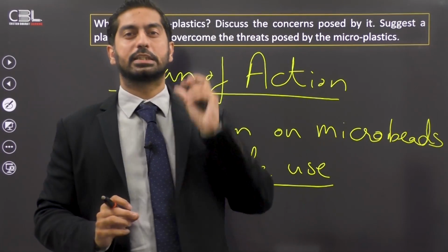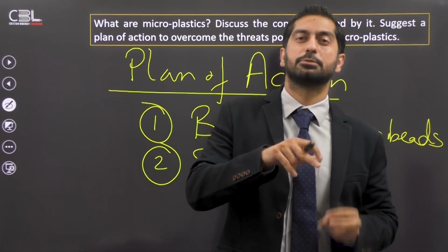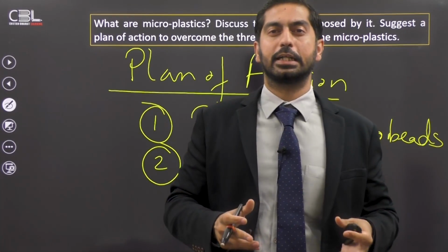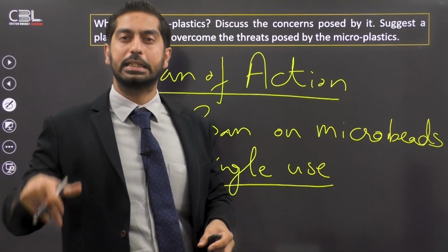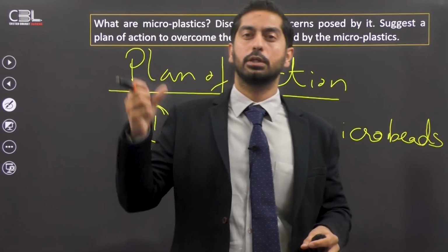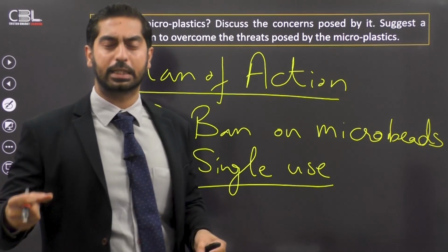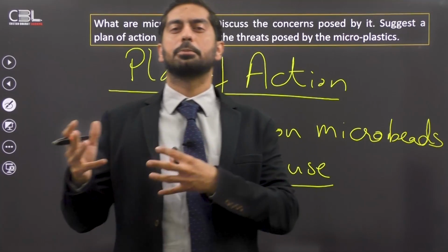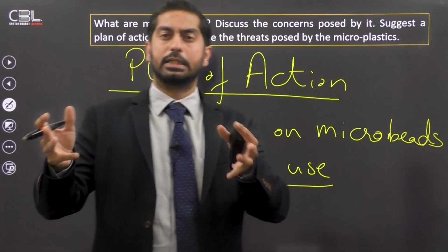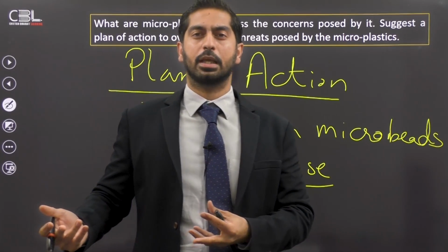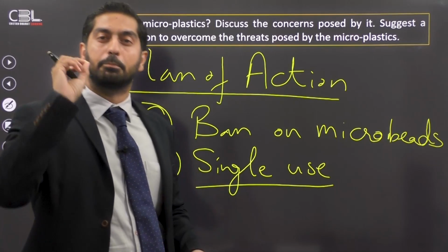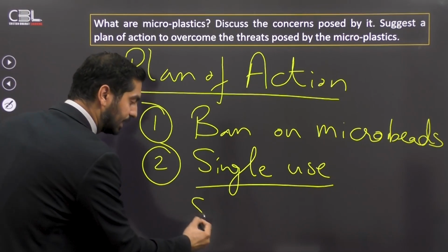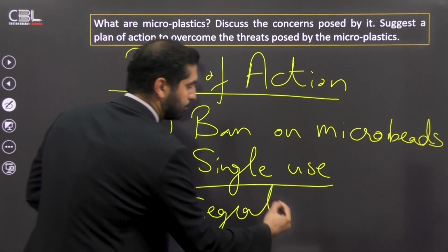Those plastic bags present in the dump of biodegradable waste would result in leaching of harmful chemicals into groundwater or the soil. That would destroy the entire purpose of composting. So what we must ensure, again in the plan of action, is that proper segregation of waste is done.